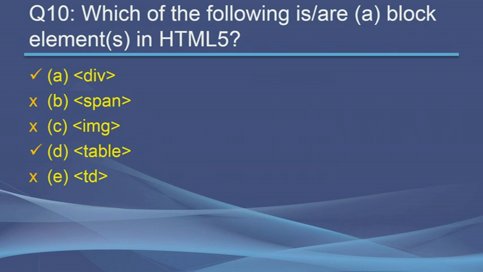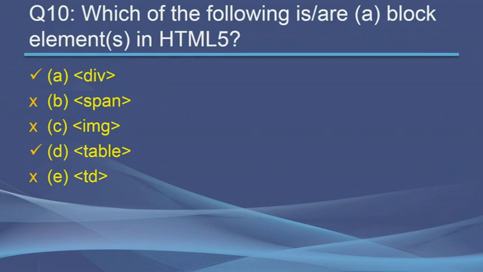If you look at table, table will create a different structure, and the structure itself will be created in a block where it is a new section, and a table because of that reason becomes a block element in HTML5. And table data does not create a new section, it just inputs data into a particular cell in a table.